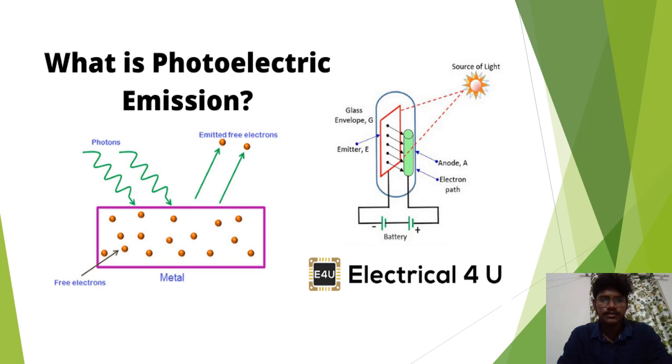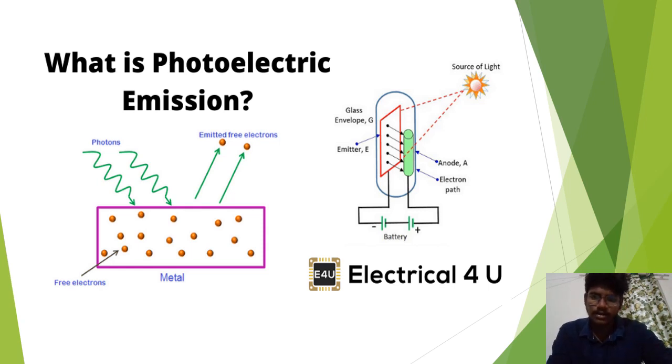And in this picture we can see the photoelectric emission. Here I have collected it from the Electrical for You website. On the right side picture we can see the glass envelope and emitter, anode, cathode and electron path, which is connected to a battery.